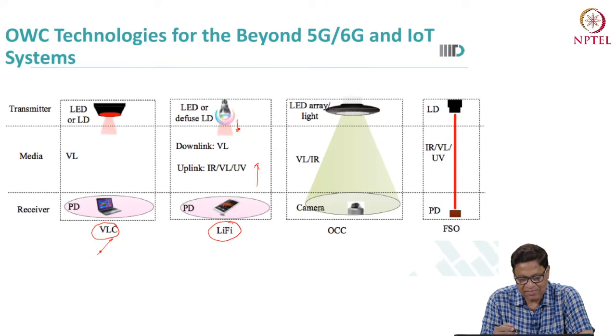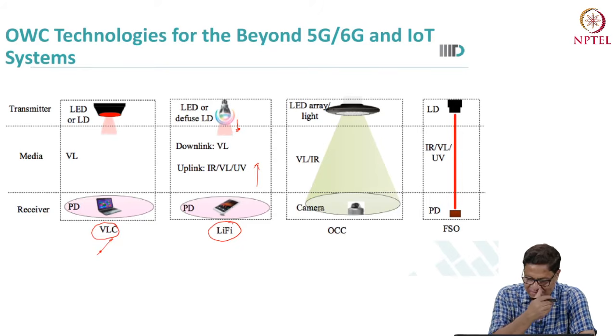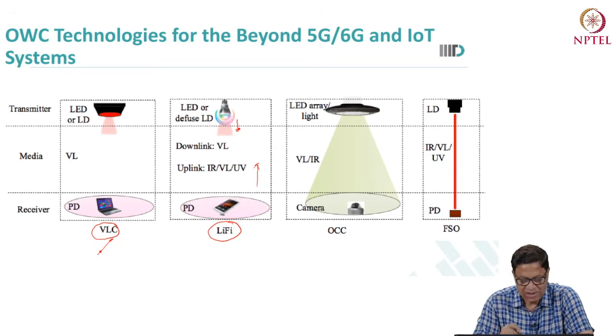Or you can have ultraviolet, and in some cases where eye disturbance does not matter that much, one can use visible light. Otherwise, most of the time visible light is downlink and uplink is IR, or in some cases one can use Wi-Fi as an uplink. So different options are available in Li-Fi that we will discuss again in detailed discussions on Li-Fi.